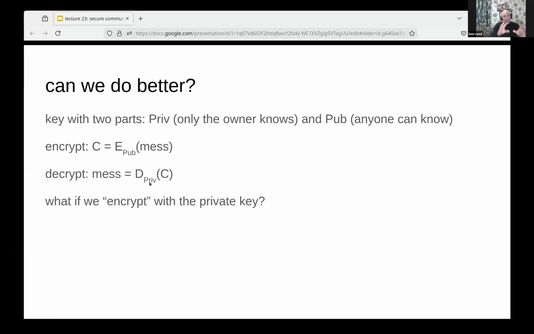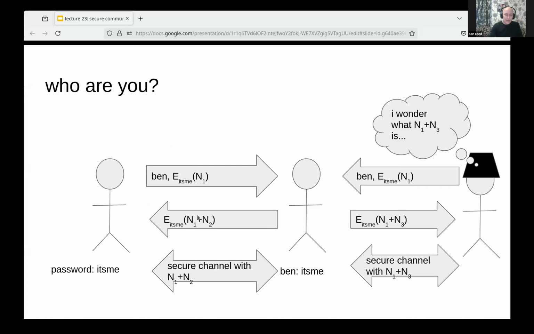That's why there's an asymmetry. In symmetric encryption, when we were doing this back here, this middle message, the one on the left in the middle where it says E, it's me, and we're encrypting N1 plus N2. That message can be decrypted by either the server or Ben. Either one can decrypt it because they both have it's me.